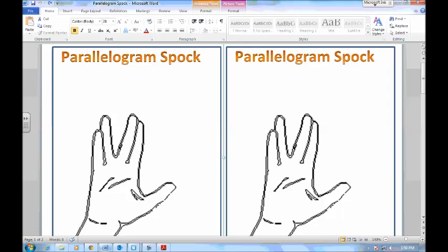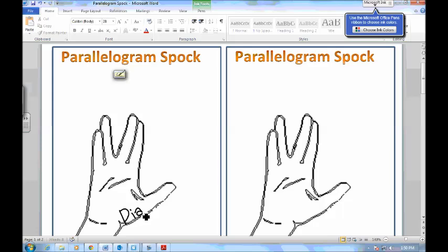Okay, so on your parallelogram Spock, let's fill in some relationships. In the thumb, please write diagonals. And then coming out of the finger, off the tip, we're going to write the relationship. Diagonals bisect each other.